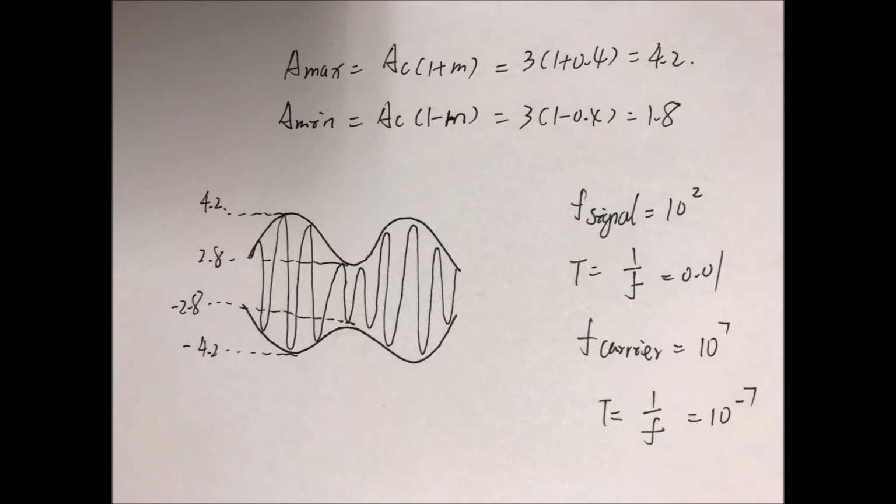Next, for the frequency of the carrier wave, we have to look at this cosine right here, which once again is omega t, so our frequency is 10 to the 7. If that makes sense.